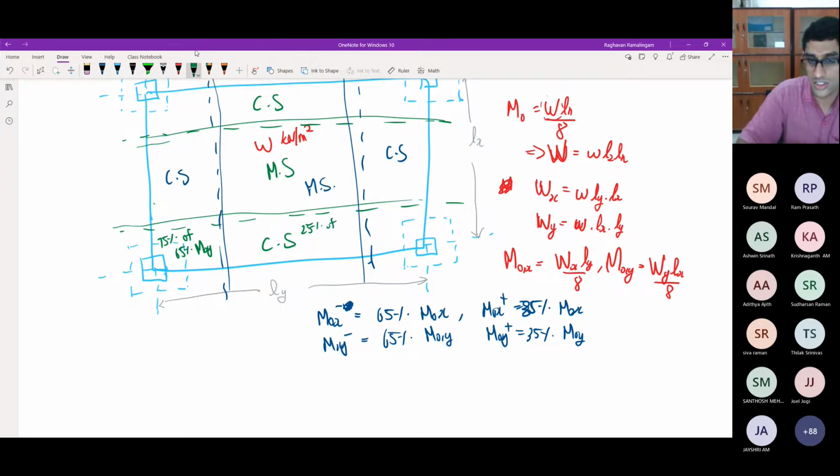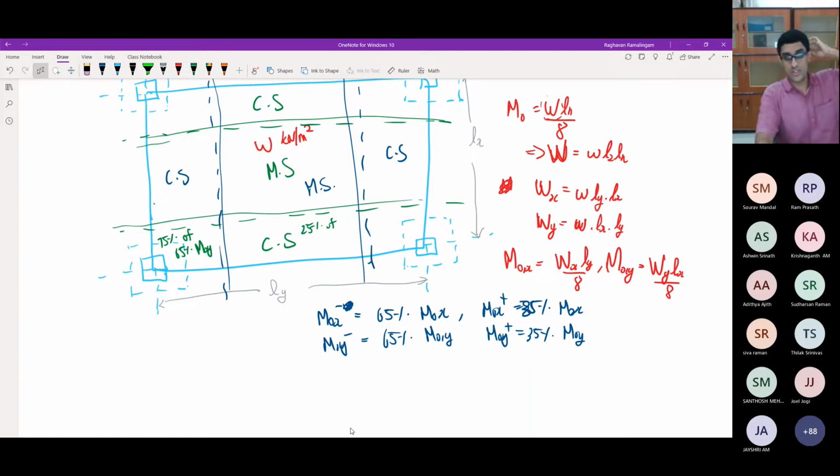Sorry, this is the column strip, for the negative moment.